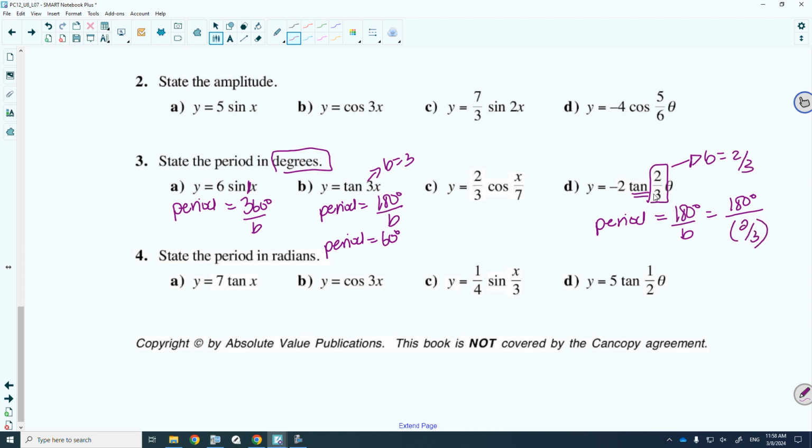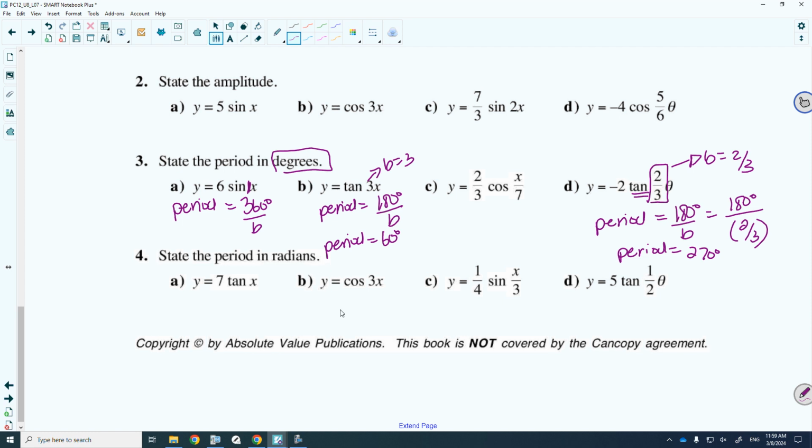You could do 180 degrees divided by 2/3 in a bracket, or that's the same thing as 180 degrees times 3 over 2, the reciprocal, and that would give you 270 degrees. So the period is 270 degrees. Again, we'd have an x-intercept at 0, then at 270, then you'd add 270 for your next x-intercept. That would be for your tan graph, okay?